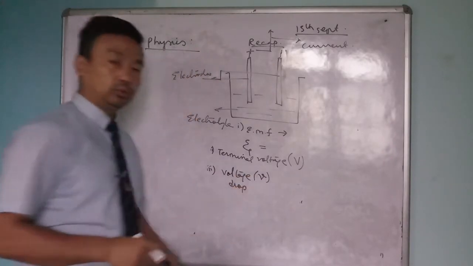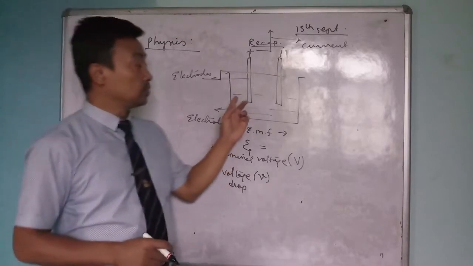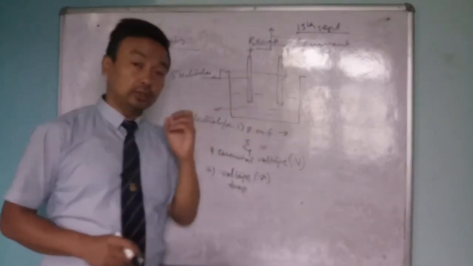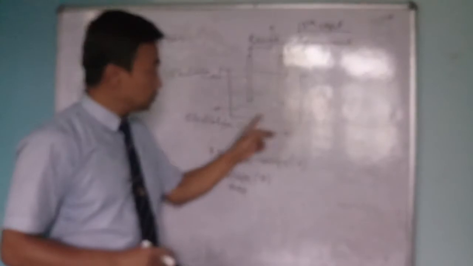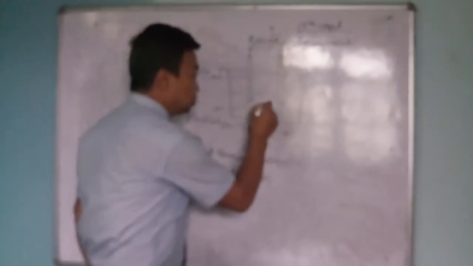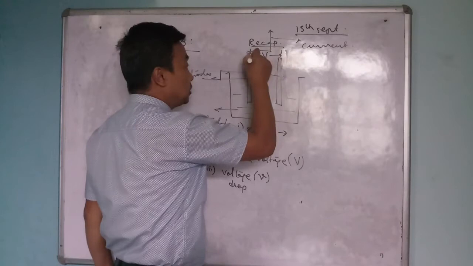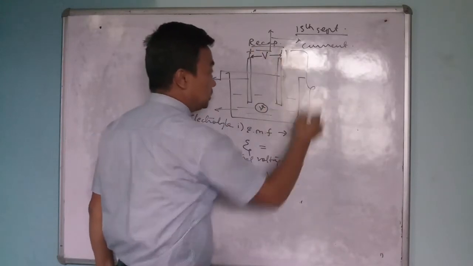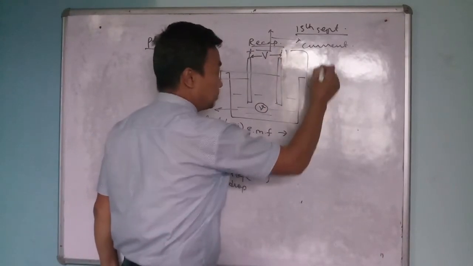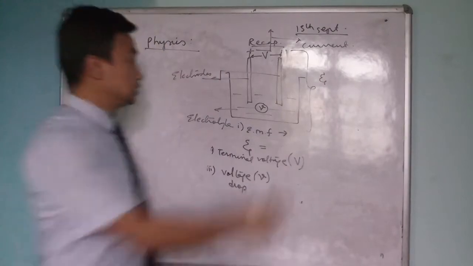The voltage drop was the potential difference across the electrolyte, inside the cell. That means the voltage drop was small v, the terminal voltage was V, and you have the EMF across the entire cell.